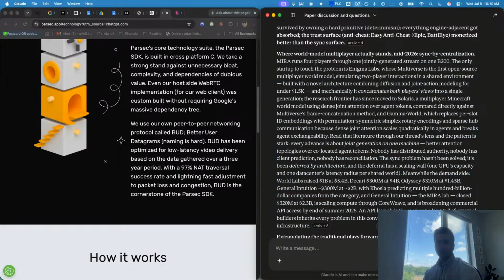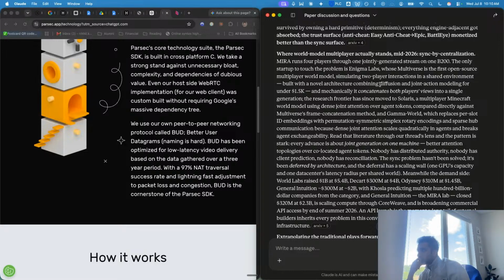Apparently there are some attempts to fix the synchronization problem, and this Enigma Labs and Solaris.